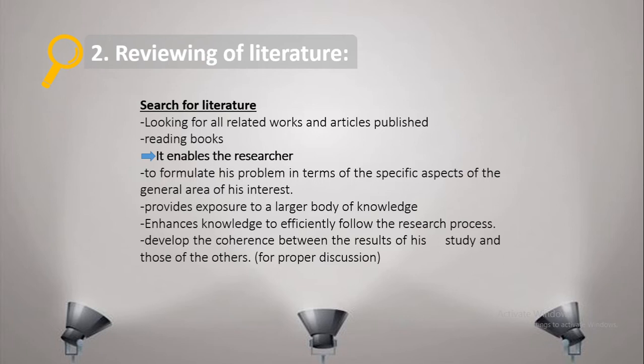So looking for all related works and articles published will help you to formulate your research in terms of the specific aspects of the general area of your interest. It provides exposure to a larger body of knowledge, and it enhances knowledge of the research process. And the research process can efficiently be conducted when you also have a detailed literature review.